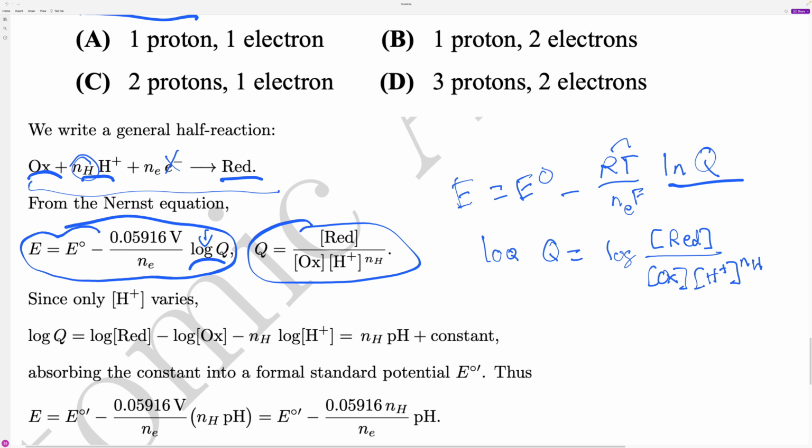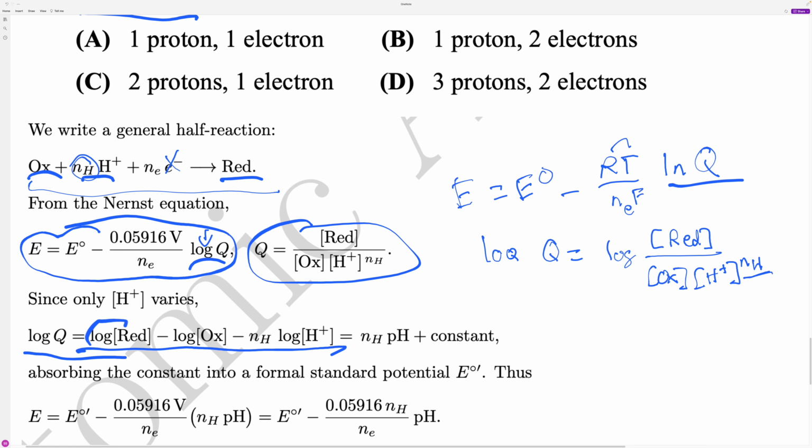And using log rules, you might know that the log of A over B is the log of A minus the log of B. So we can rewrite this according to this. And we want to make sure to bring down the power here. So yeah, we get this for the log Q expression.